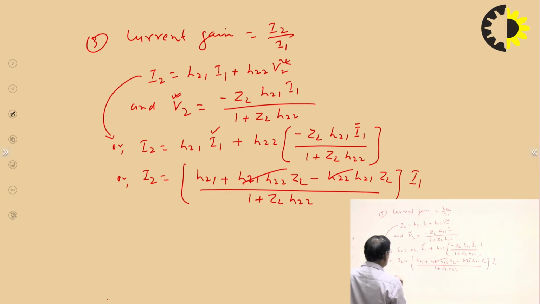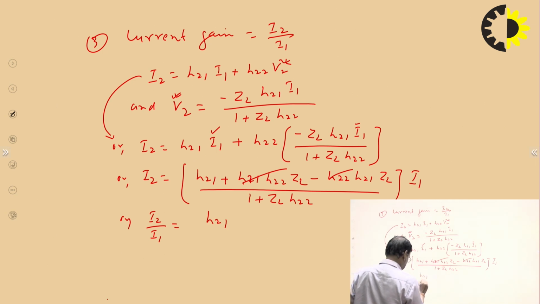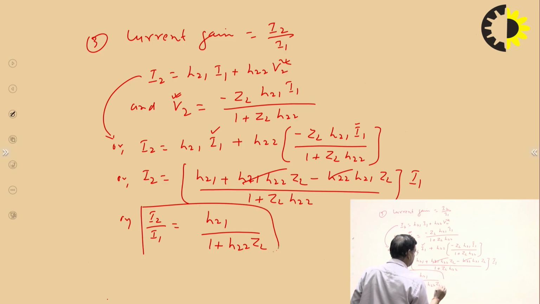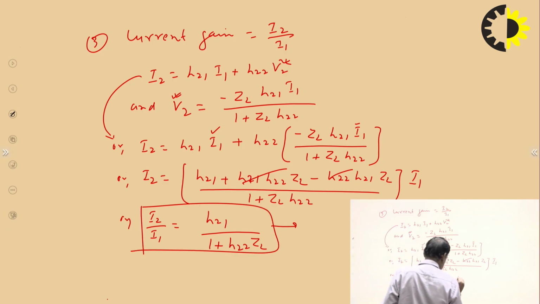So I2 upon I1 is H21 upon 1 plus H22 ZL. So this is the current gain.